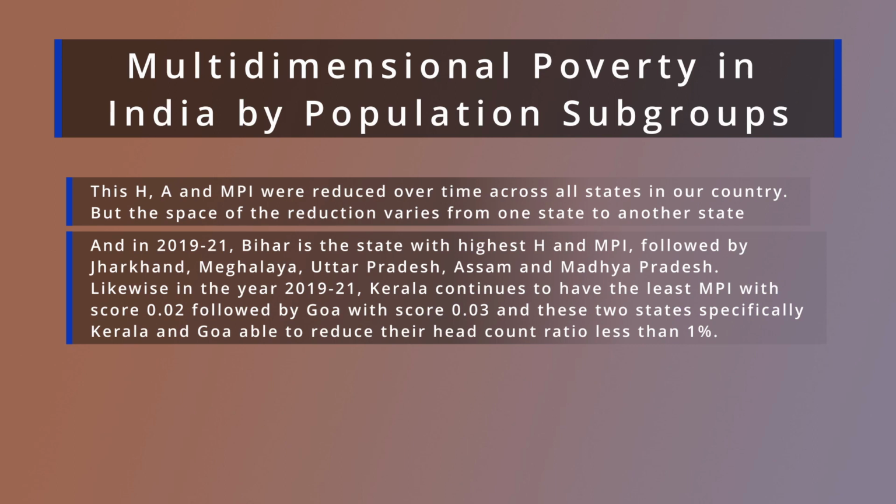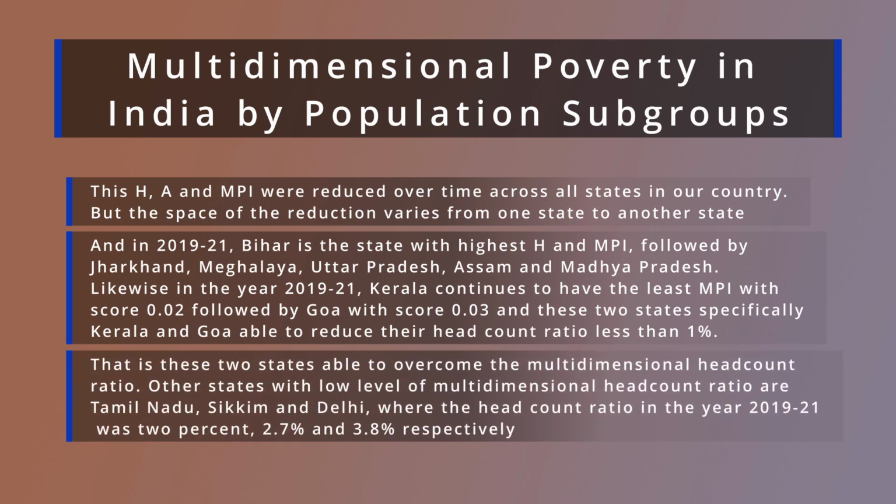Likewise, in the year 2019-21, Kerala continues to have the least MPI with a score 0.02, followed by Goa with score 0.03. And these 2 states, specifically Kerala and Goa, were able to reduce their headcount ratio to less than 1%. That is, these two states were able to overcome the multidimensional headcount ratio.